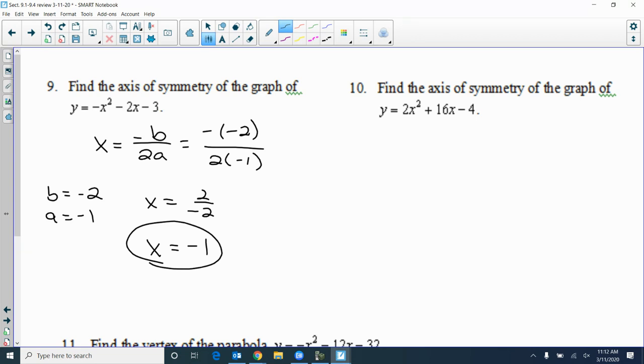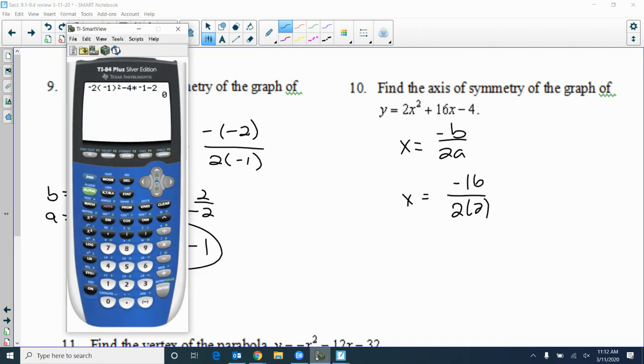All right, number 10, find the axis of symmetry for this one. Same idea, x equals -b over 2a. Hayden, what goes in for b? What goes in for a? Here's where you have to watch.